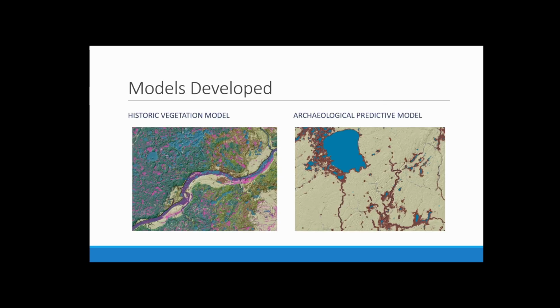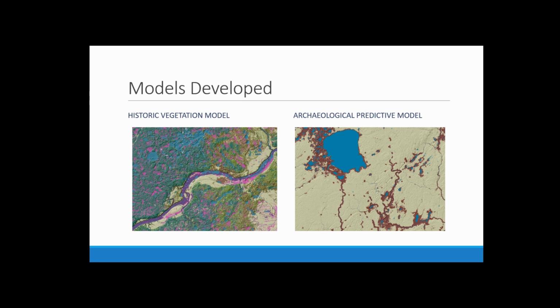We did actually two types of models in R. We did a historic vegetation model. This was part of our data development stage of our process, where we spent actually a lot more time on data development than on modeling, many years, as a matter of fact, cleaning up the archaeological data, doing quality control, and working on our geomorphic data, which had a lot of different areas that had been mapped using different classification systems.